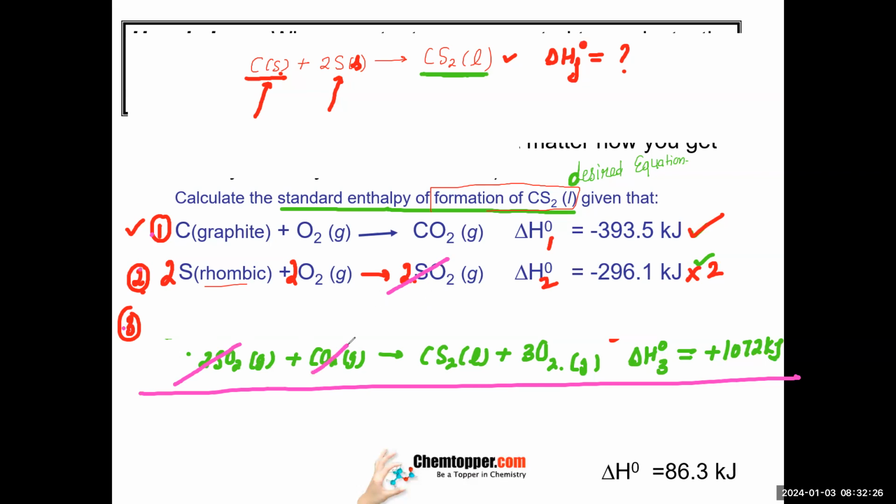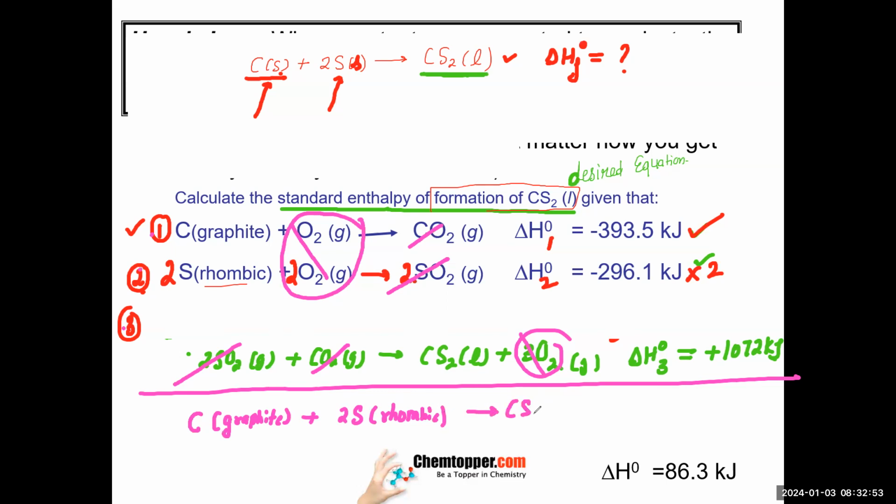Yes, CO2 cancelled. What else? Can you see there are 3 oxygens, and this 3 oxygen cancelled. Now what is left? Isn't it your desired equation which is left? So when I'm adding these equations after doing the changes, I'm getting my desired equation.